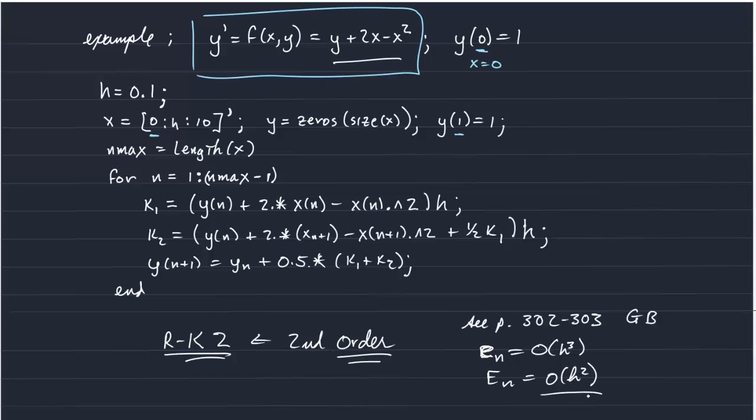And again, that means that the error is second order in h, and that describes the accuracy of RK2.